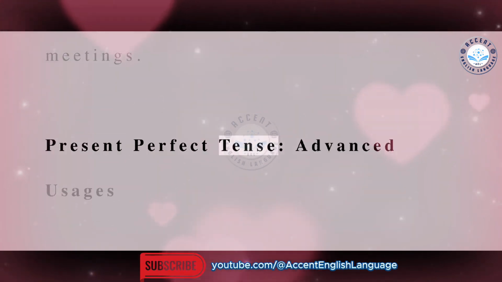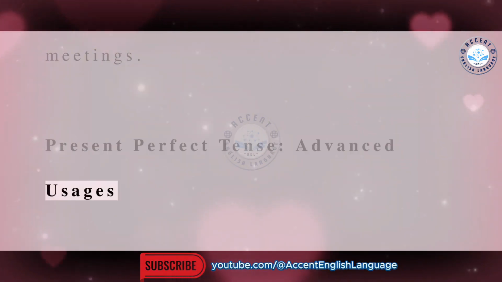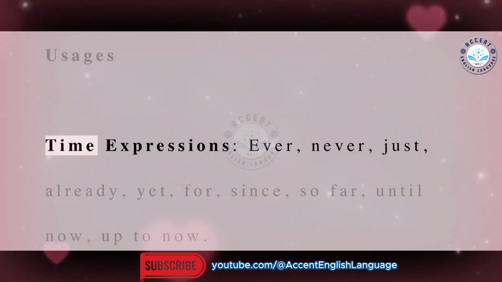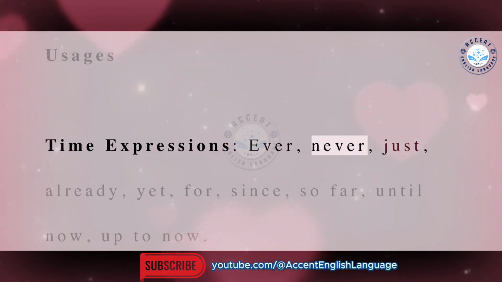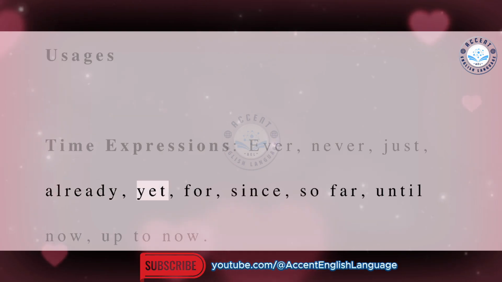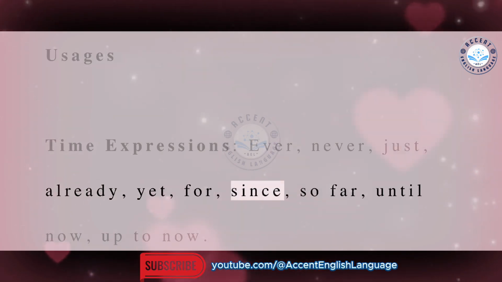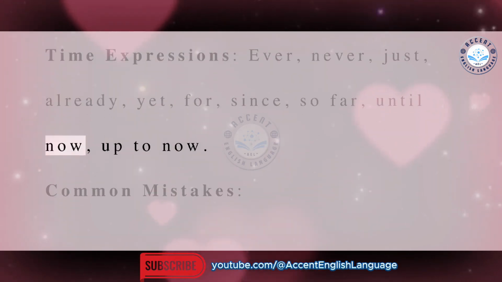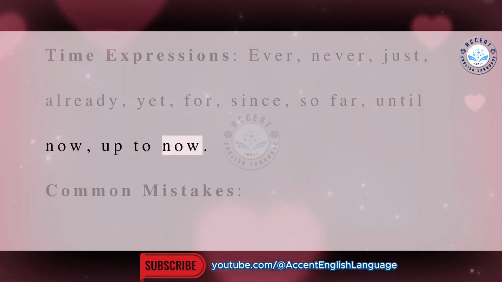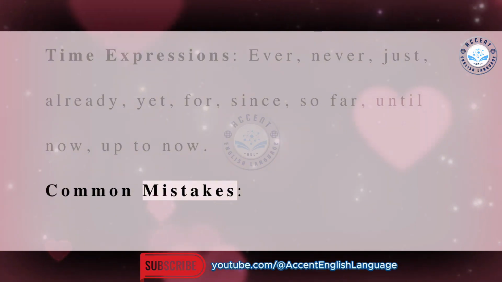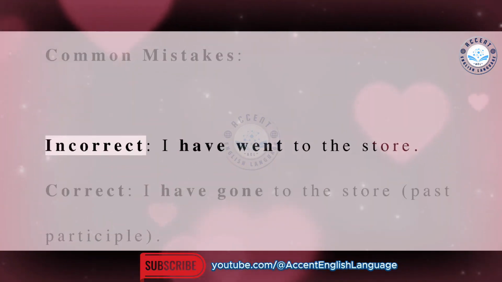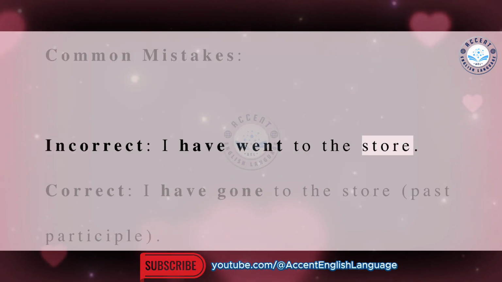Present perfect tense, advanced usages. Time expressions: ever, never, just, already, yet, for, since, so far, until now, up to now. Common mistakes. Incorrect: I have went to the store.